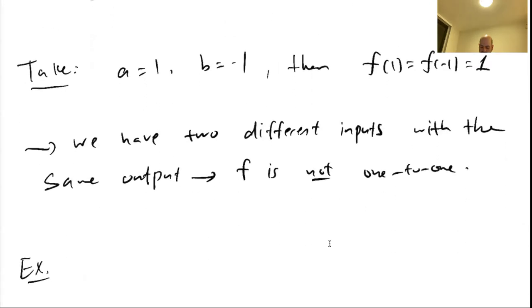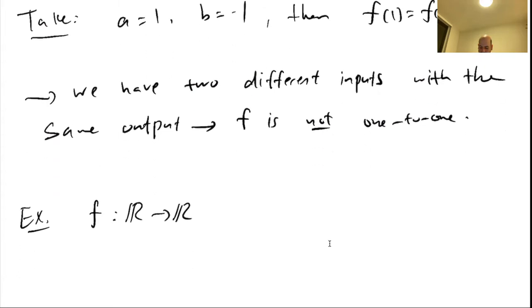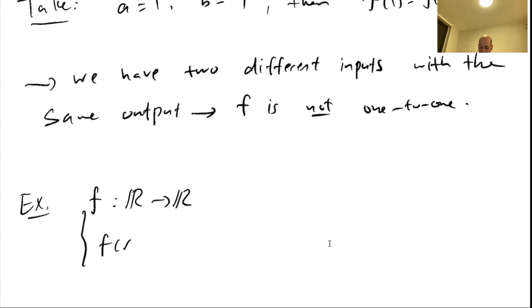Another example, let's say f from R to R, f of x equals 3x minus 1. Show that f is one-to-one.